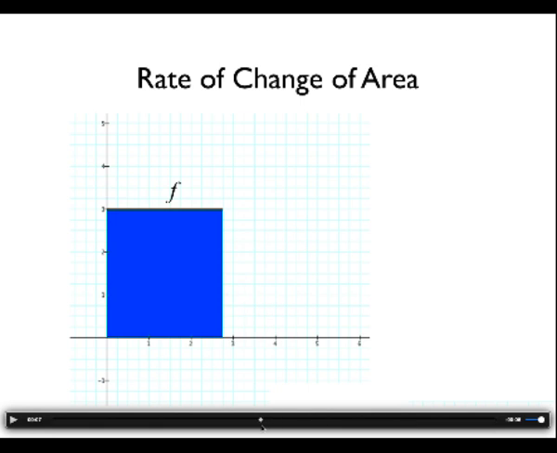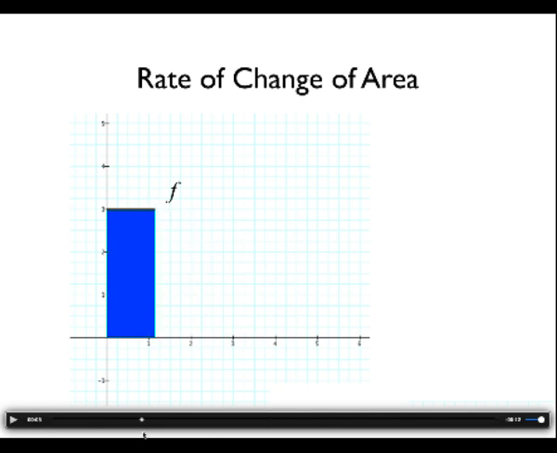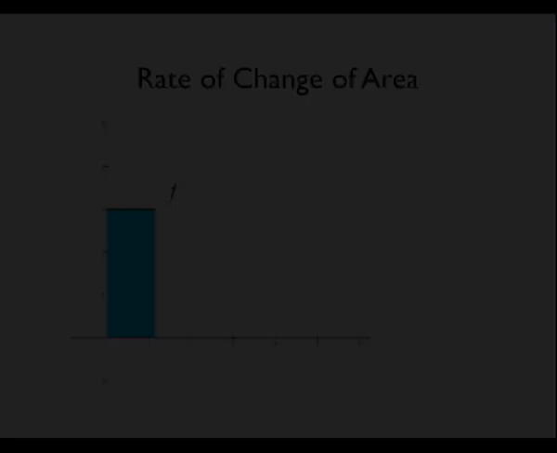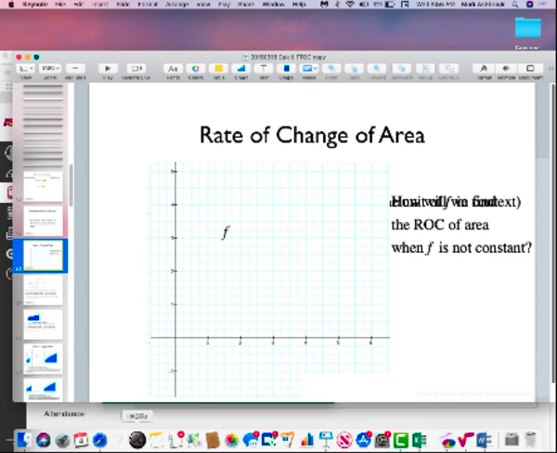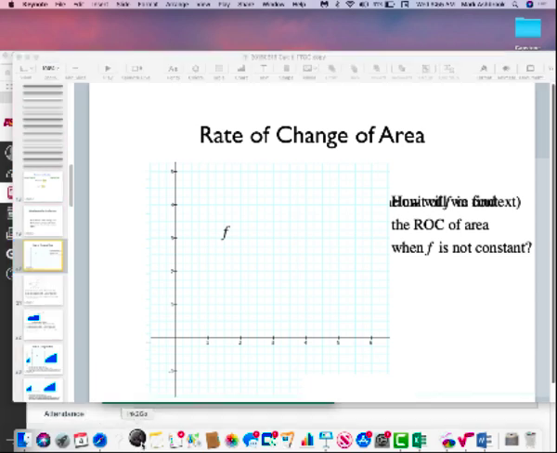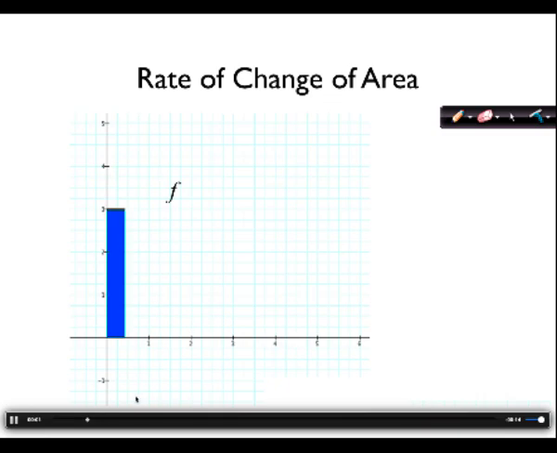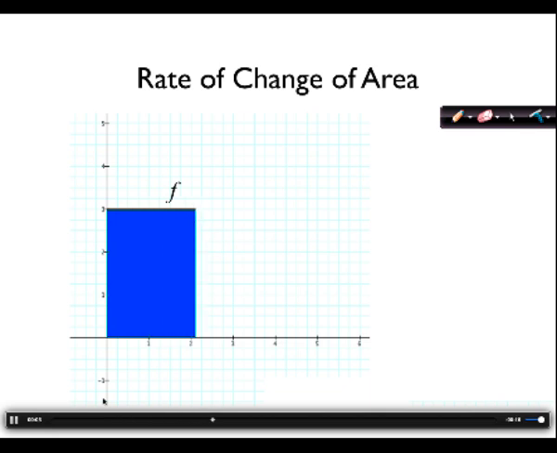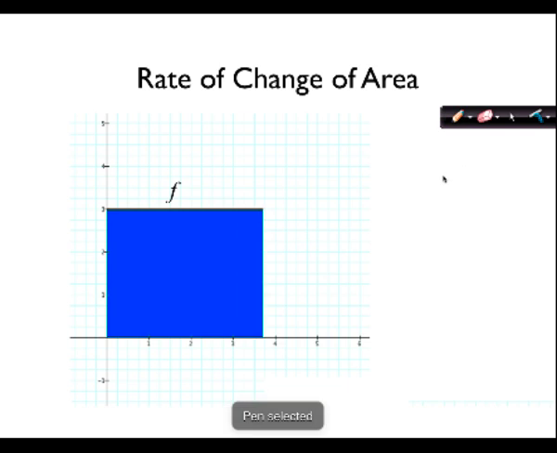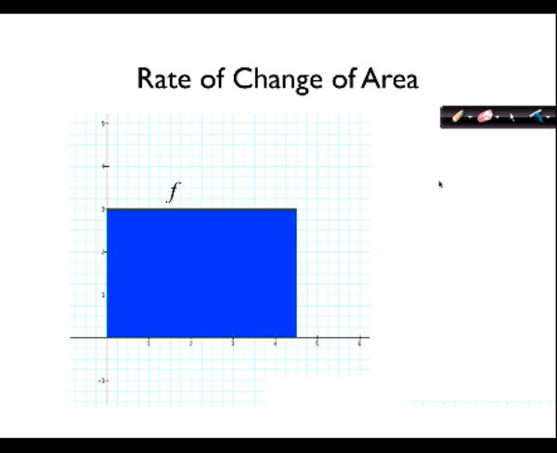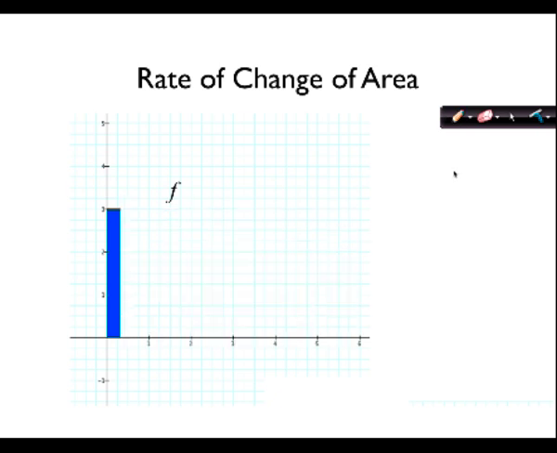Okay, so what is it? So we know constant rate of change. What's our important principle about constant rate of change? With respect to x, and constant rate of change with respect to x, how do we model that?